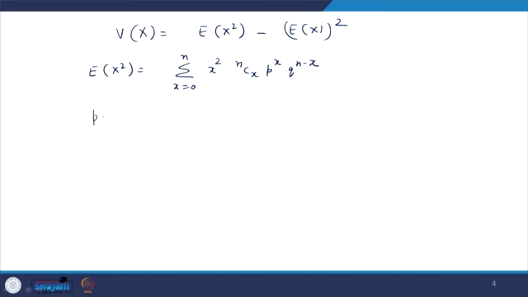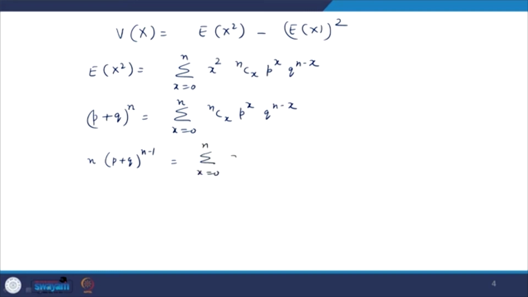So, again, (p plus q) raised to power n, as we have already seen, is summation x from 0 to n, nCx p raised to power x q raised to power n minus x. You differentiate both sides with respect to p. So, it is n(p plus q) whole raised to power n minus 1 equal to summation x varying from 0 to n, x nCx p raised to power x minus 1 q raised to power n minus x.